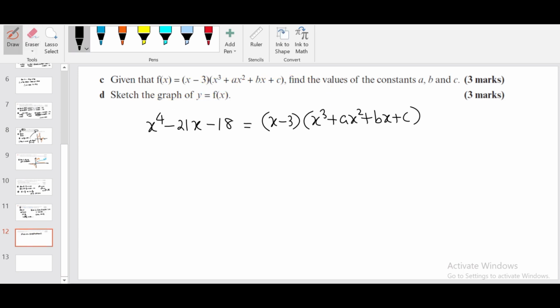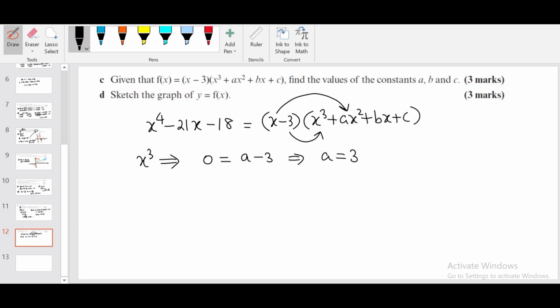When you compare the coefficient of x cubed both sides, we don't have x cubed on the left hand side, but when you multiply these two, you'll get ax cubed, so the coefficient is a. You multiply these two, you'll get minus 3x cubed. Minus 3, that gives us a is equal to 3.